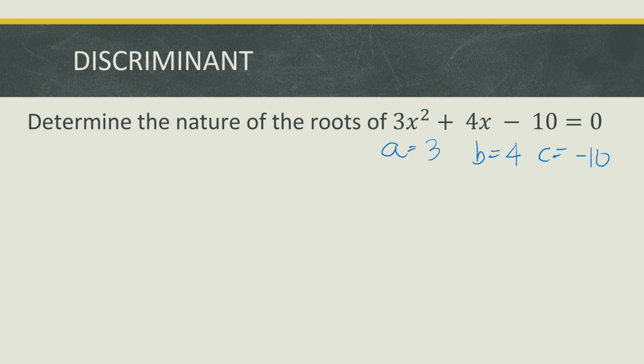To know the nature of the roots, we will use the discriminant formula, b squared minus 4ac. Let us substitute: 4 squared minus 4 times the a value, 3, times c, which is negative 10.